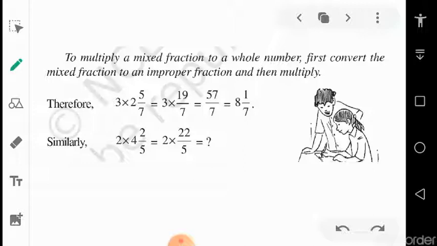So 19 3s are 57. We will write 57/7, and this is the improper fraction, and we will convert it into a mixed fraction. So I hope you know how to convert an improper fraction into a mixed fraction, and this is the answer, 8 and 1/7.